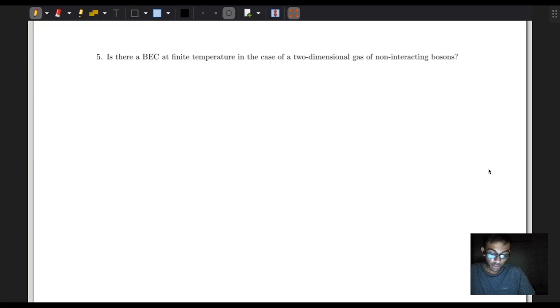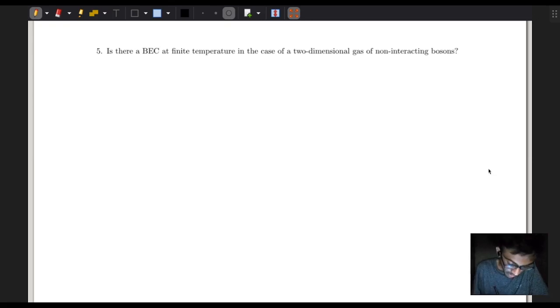Now this problem is about the existence of a phase transition at a finite temperature in the case of a two-dimensional gas of non-interacting bosons. To be clear, the dispersion is still the standard non-relativistic quadratic dispersion.